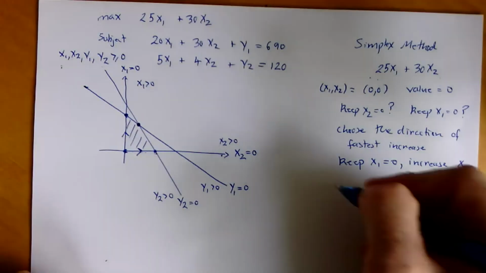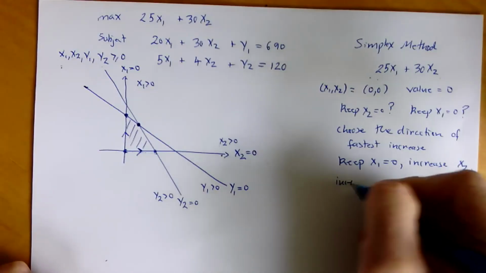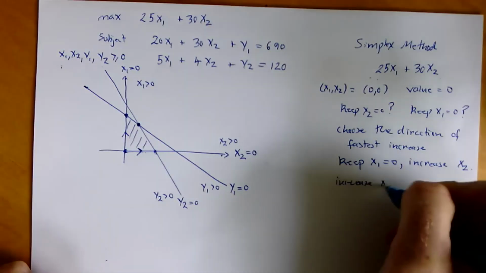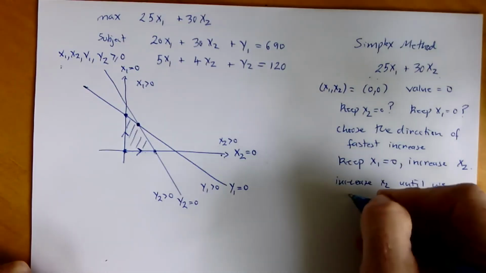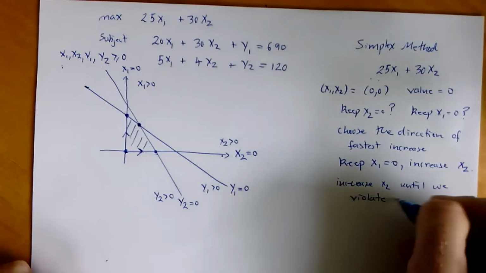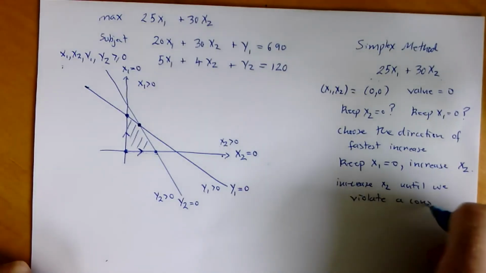We keep increasing x2, right, as much as we can. But, if you like, we don't want to violate a constraint.